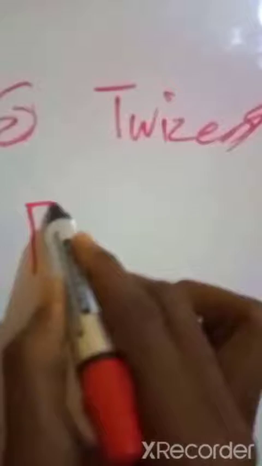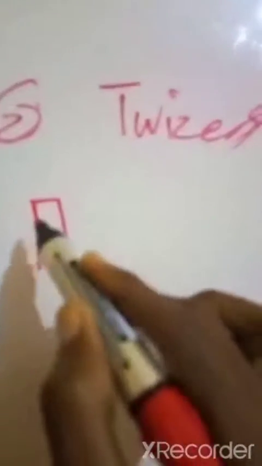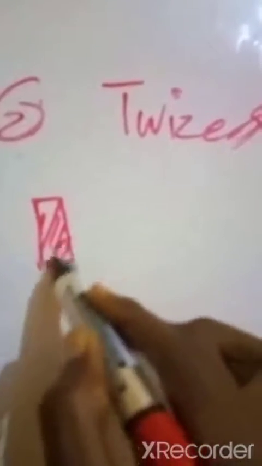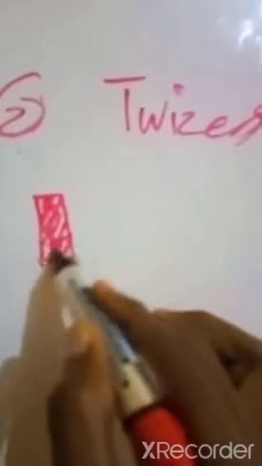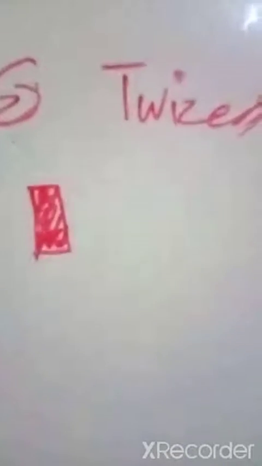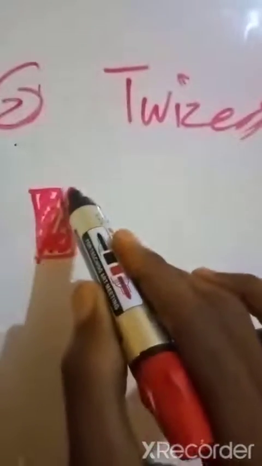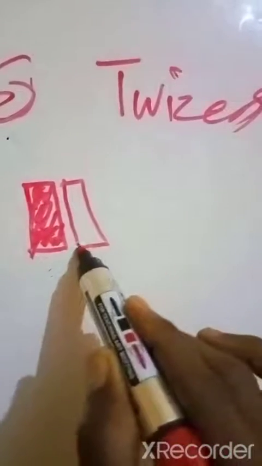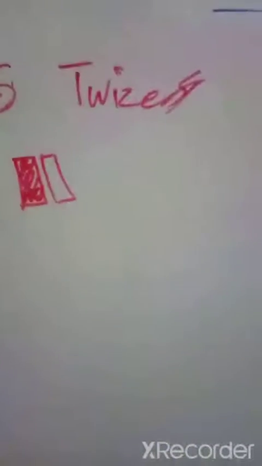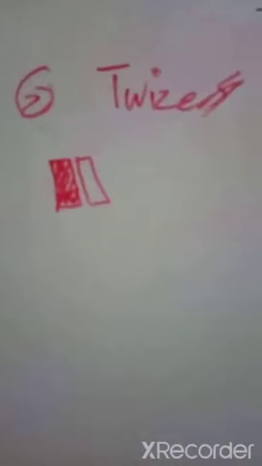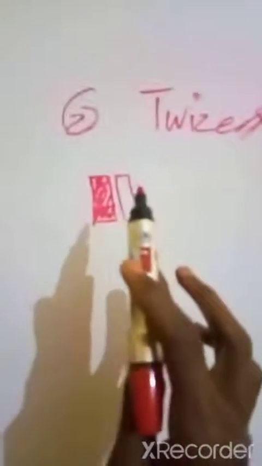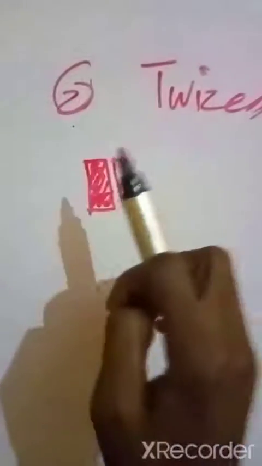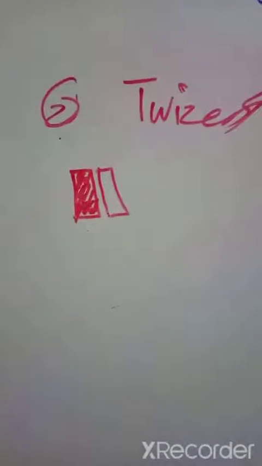These are sellers, right? These are bullish. So this is how the tweezers look. The sellers and the buyers are the same size.